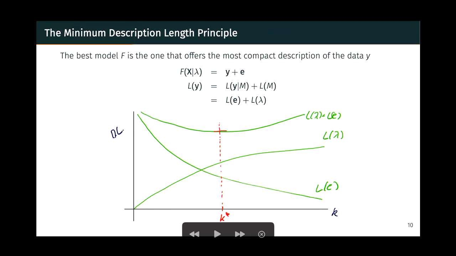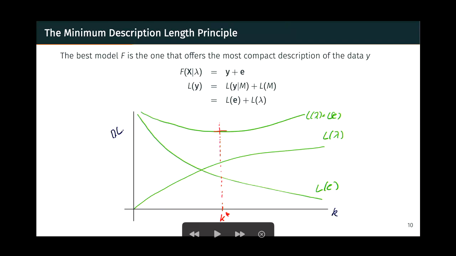So the whole idea is I've got some set of data that I'm going to transmit to you. So I'm going to send my data to Jesse, and I can either write down all the numbers and throw them at him one at a time, or I can tell him what the model is and tell him what the model errors are. And the idea is that if it's a good model, doing the second thing will be quicker in terms of code length than doing the first thing.